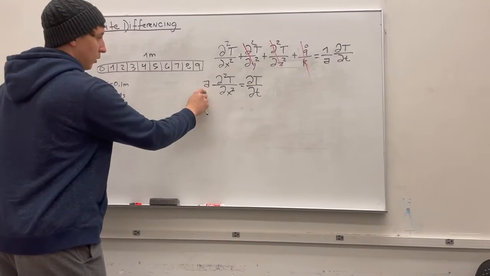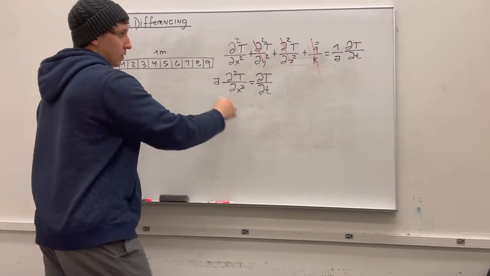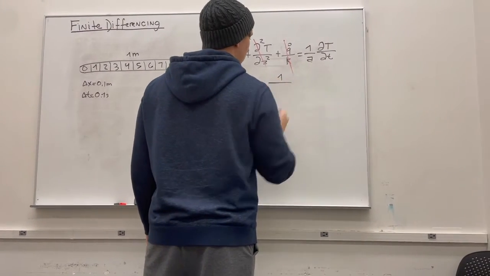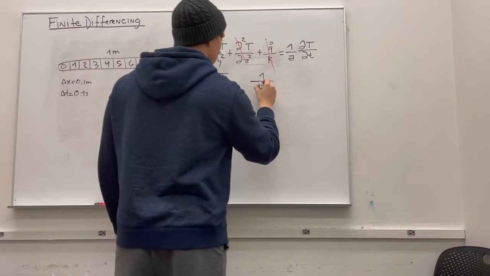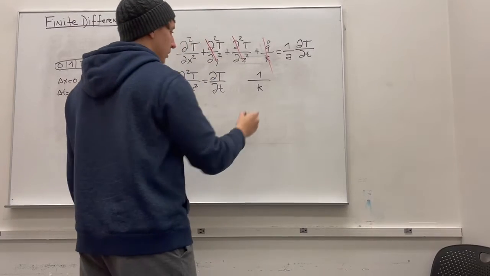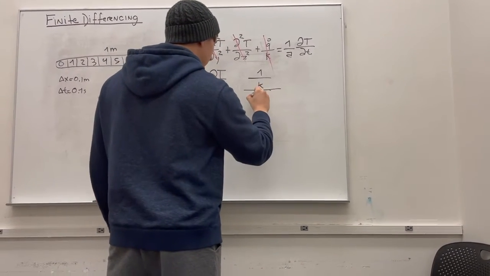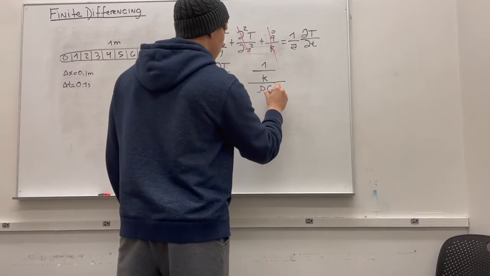What do we do with this? Well, like I said, I wanted to define what this is. This was 1 over alpha. Alpha is our heat conductivity divided by our density times our specific heat capacity.